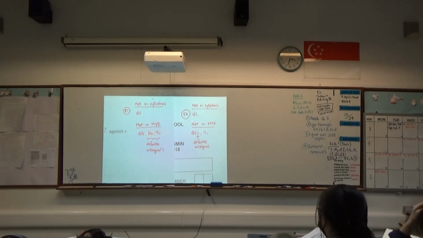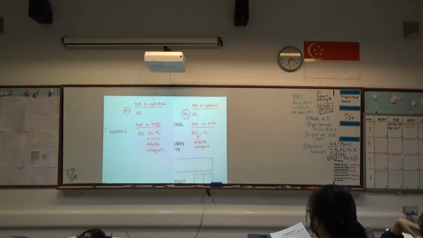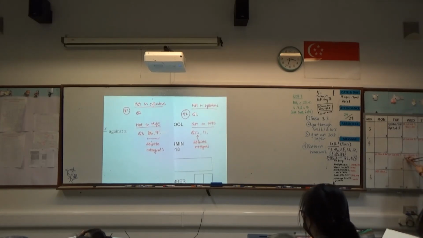Okay. For next week, I'm going to go through the 2019 paper. So next week, week 5, that's on a Wednesday, AMATS, I'm going through the 2019 MYE paper 1, right? That's what I mentioned.